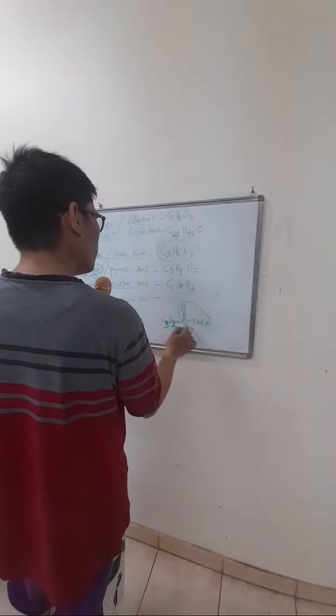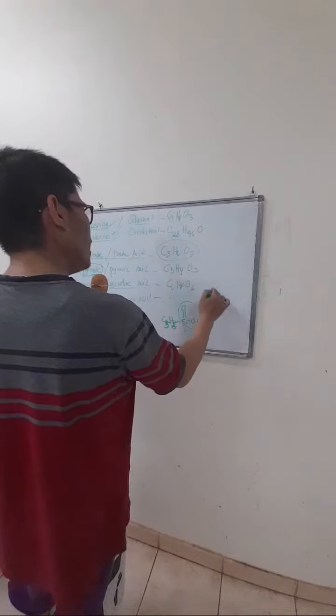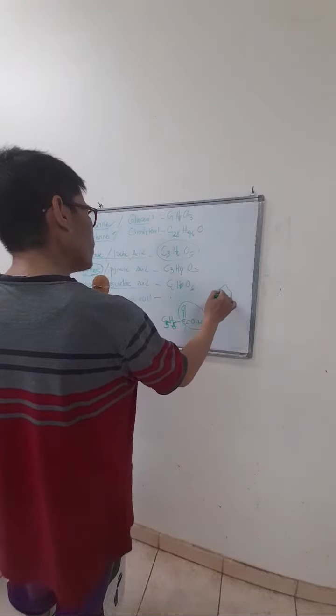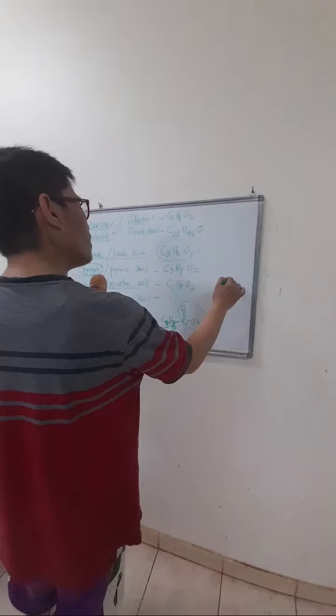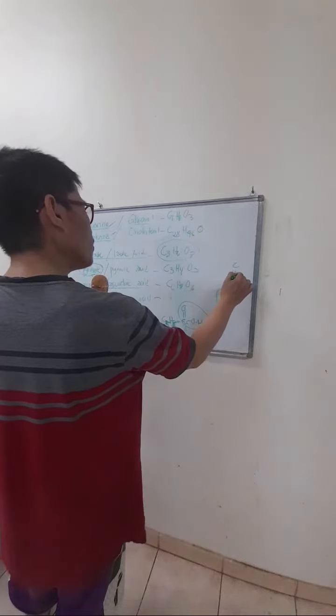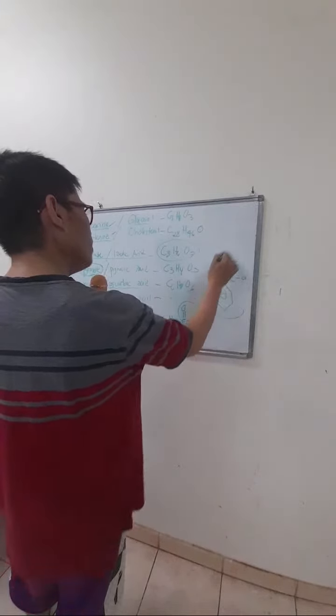It is carboxylic. On the benzene ring, you attach the carboxylic group, C double bond oxygen OH. That is benzoic acid.